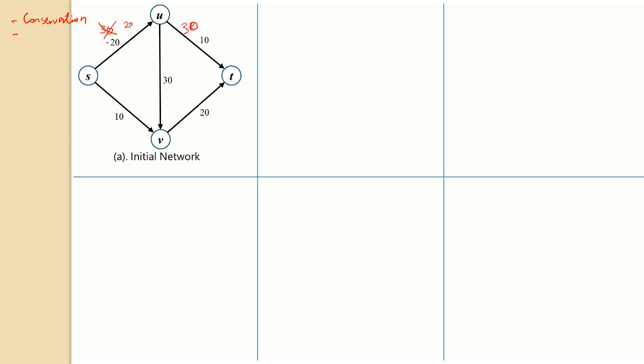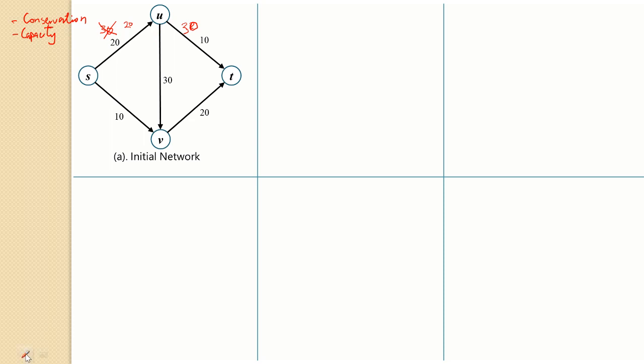The capacity constraint is that the flow should always be at most the capacity. So the flow cannot exceed the capacity. So that is the capacity constraint. We want to be assigning flows without violating any of these constraints and also get the maximum flow through the network.